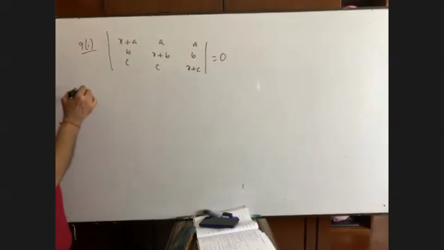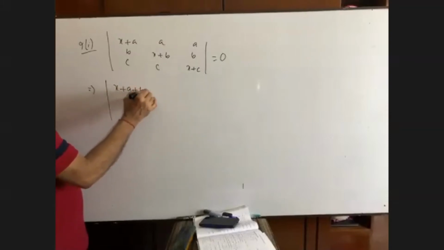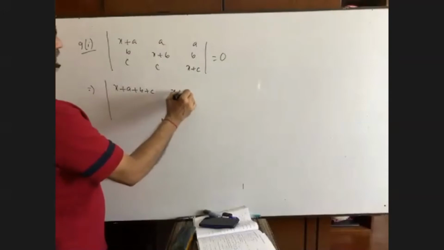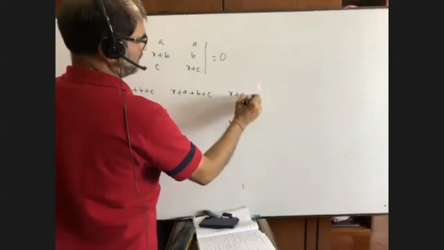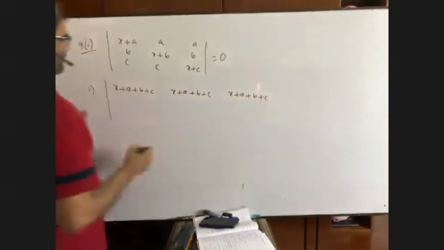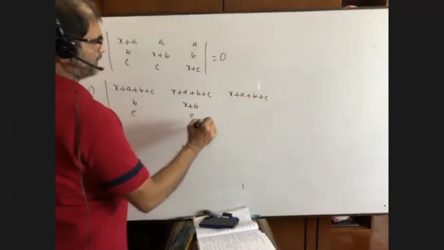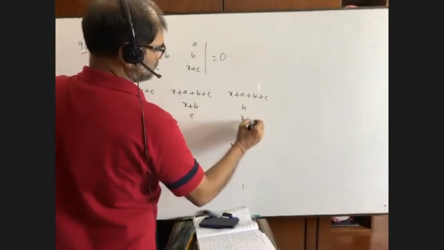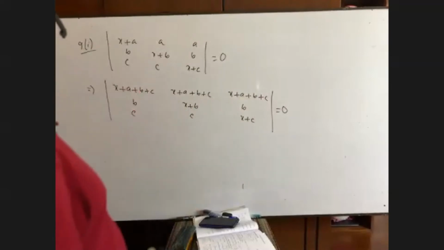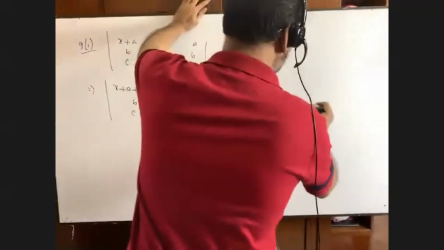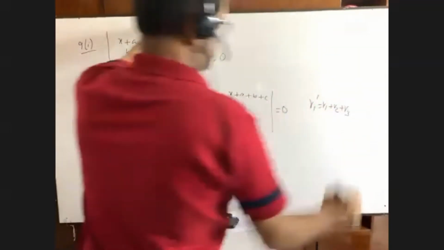That means we can get the first row like this, x plus a plus b plus c, x plus a plus b plus c, x plus a plus b plus c, then the other rows are a, x plus b, c and a, b, x plus c, equal to 0. Okay, what we have got? We have got row 1 by adding row 1, row 2 and row 3. Right?